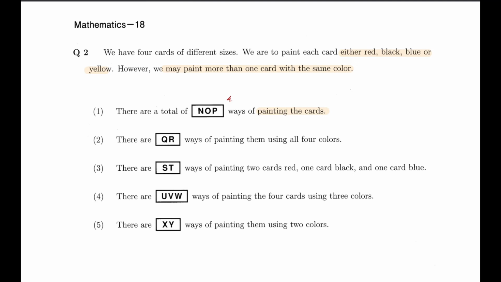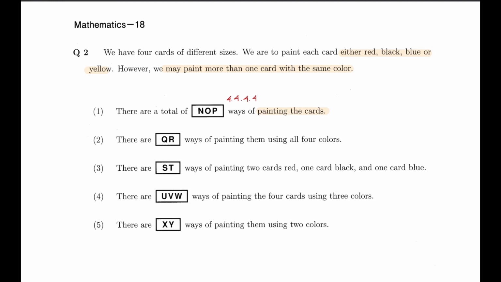And then the same thing for the second card. After I have painted the first card, for the second card, once again, I have 4 possibilities, which is red, black, blue, or yellow. So this is also 4 possibilities. And then for the third card is the same. And then it's also the same for the last card.